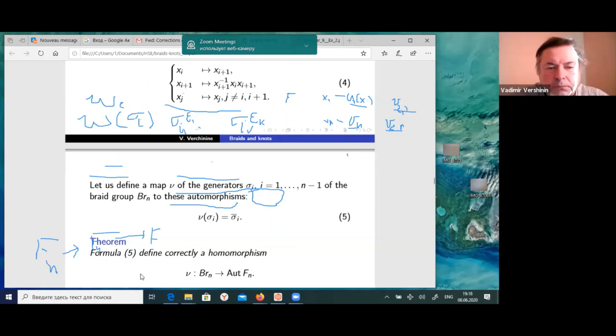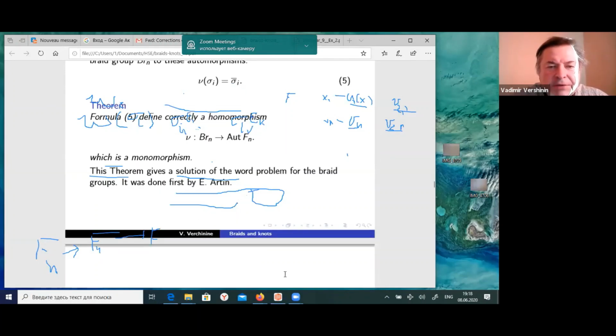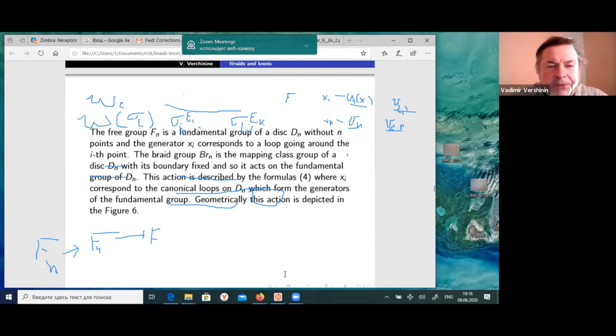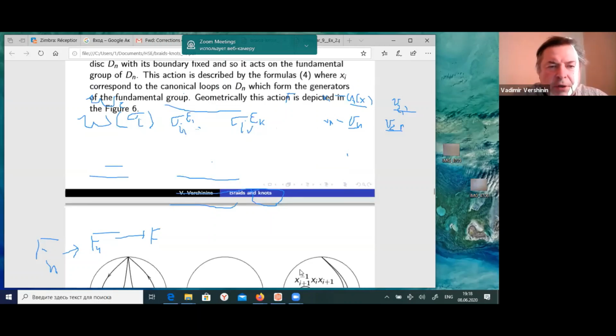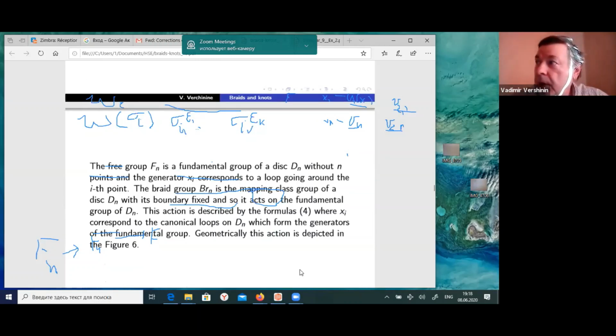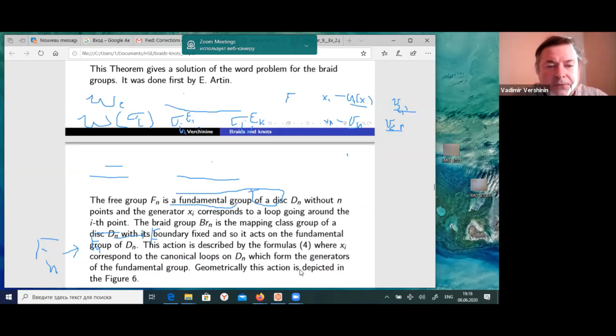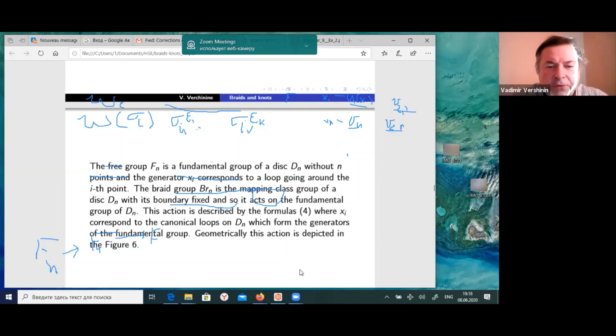Okay, so let us continue. Another thing is also interesting in the following form, that it may give another face of the braid group, which is connected with what is called the mapping class group.